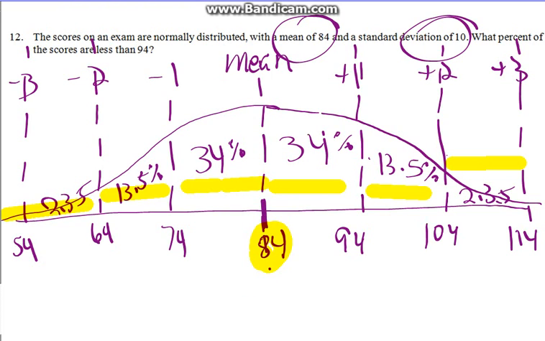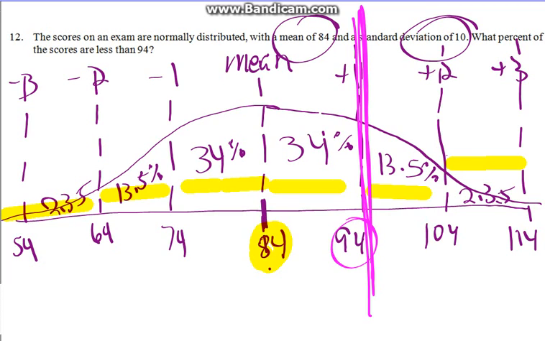Now, they ask us, what percent of the scores are less than 94? So let's look. Here's 94. They want to know what percentage of our scores are less than this.